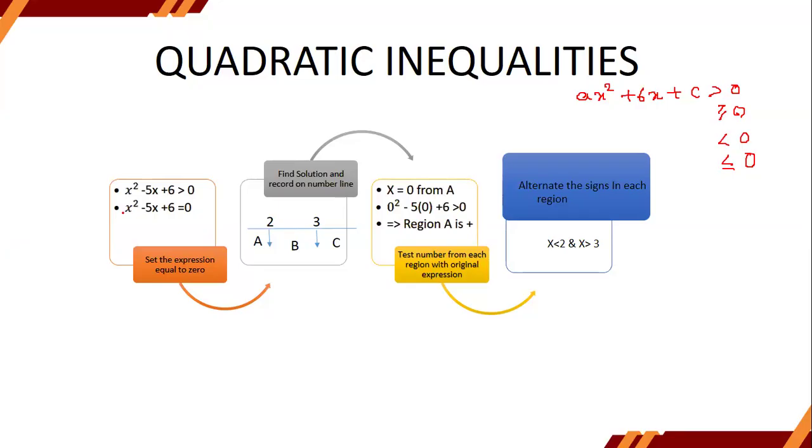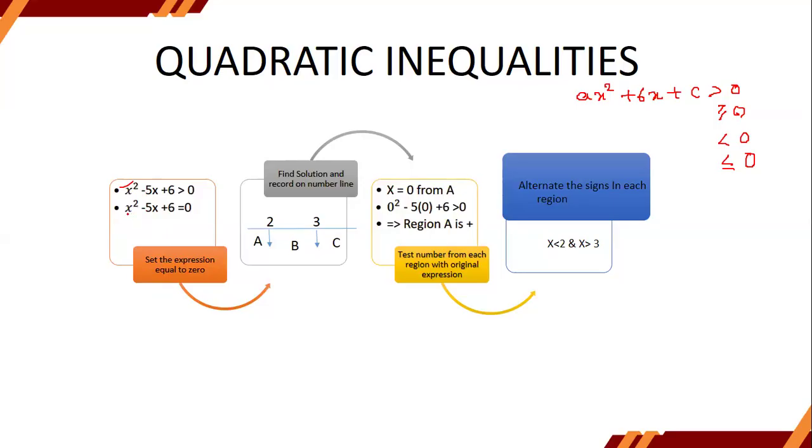For this, we have an example: x square minus 5x plus 6 is greater than 0. What does it imply? That means we need the values of x such that this expression is positive. That will be the range of x values which will satisfy this inequality. All right, step number 1 to solve this is to set the expression equal to 0.